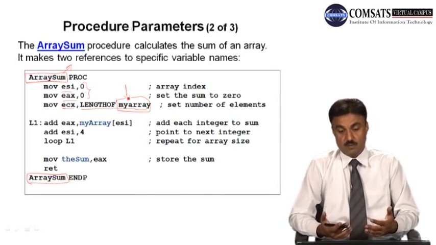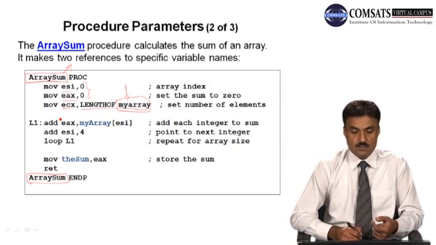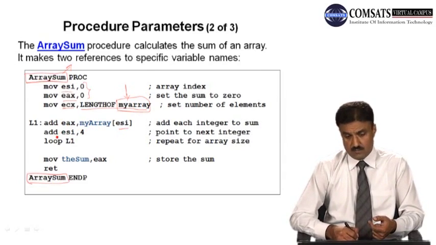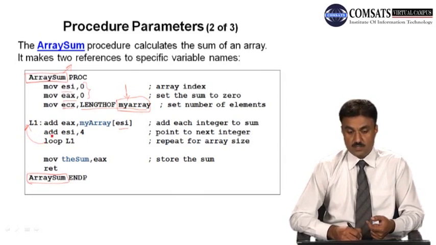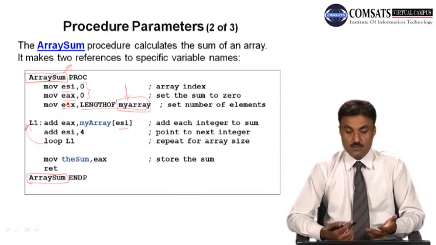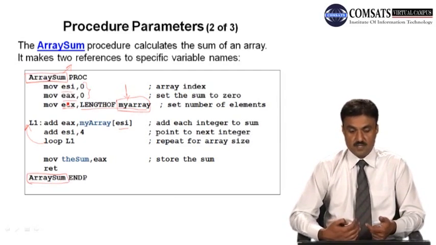So for example, my array must be defined inside the main program, and here we do add EAX, my array and ESI, and again we increment ESI and just jump to L1 and perform until the ECX becomes 0 and so on. We already know that this loop instruction decrements the ECX.